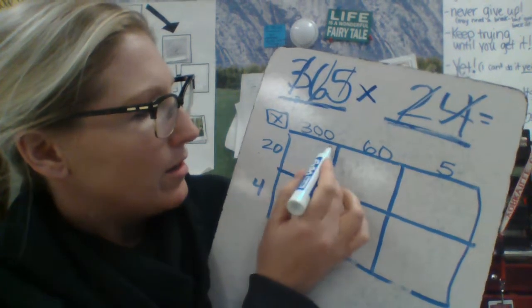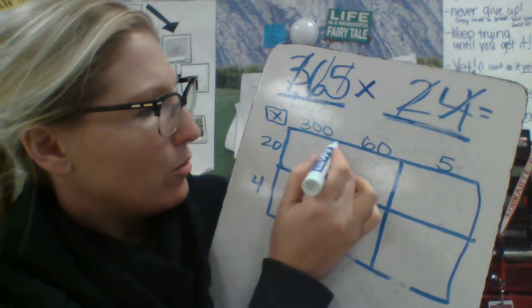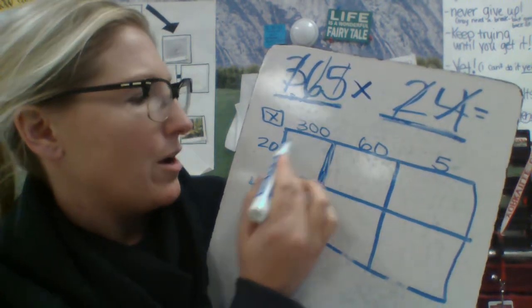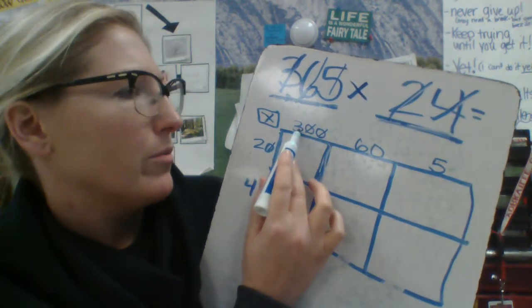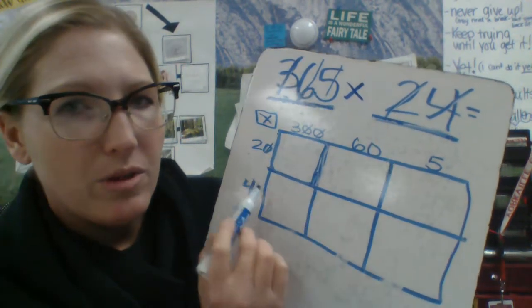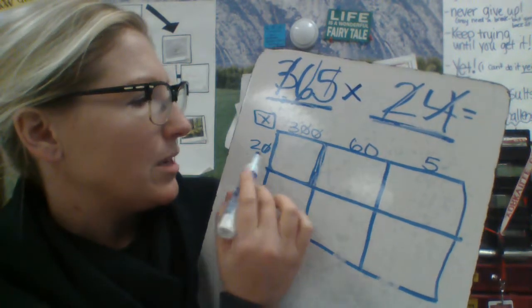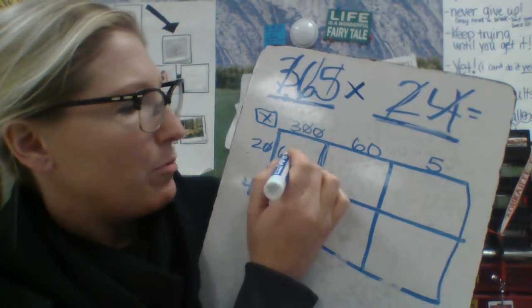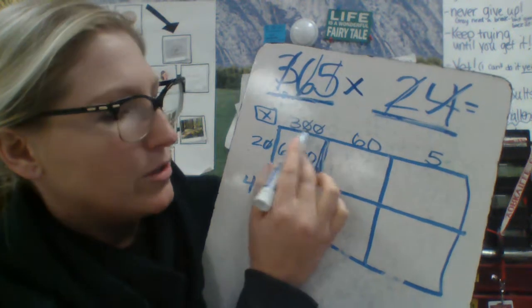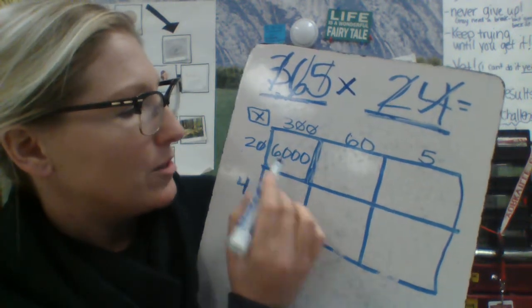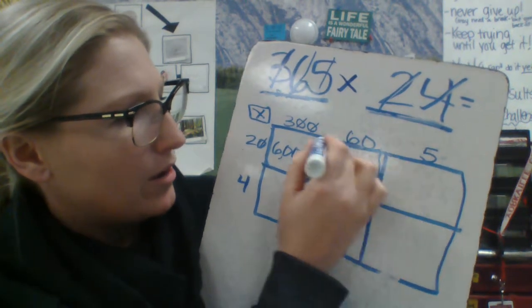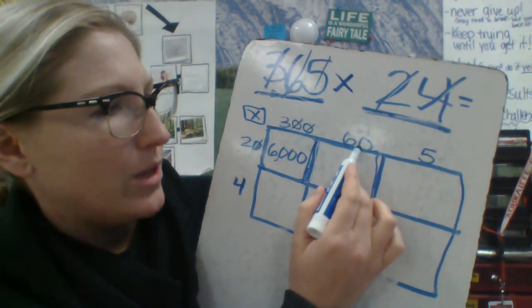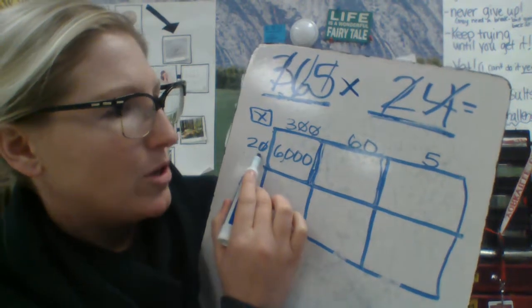So I take this box right here. We're looking to solve the product of 300 times 20. Well, we know the little zeros rule, or really, we take off the zeros and we put them back on at the end. So 3 times 2 is 6, and we put those zeros back on. So I took off 3 zeros, so I have to put 3 back on, so it's 6,000. Then I come over here, and the multiplication problem I'm working with is 60 times 20.